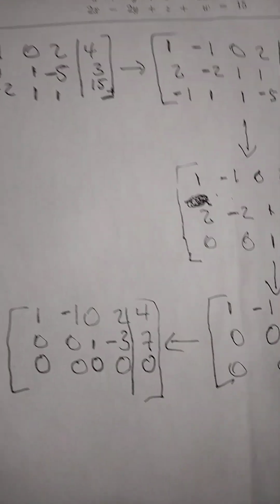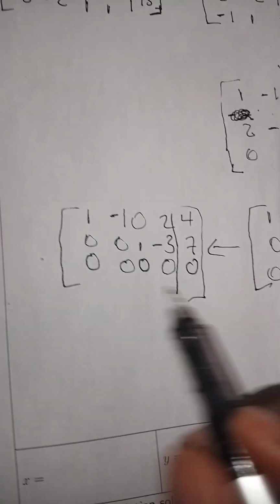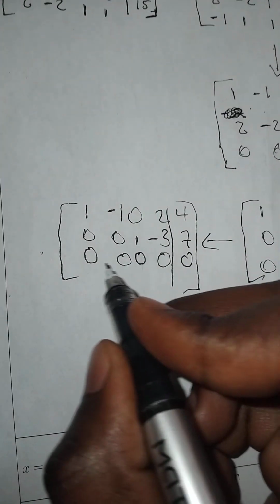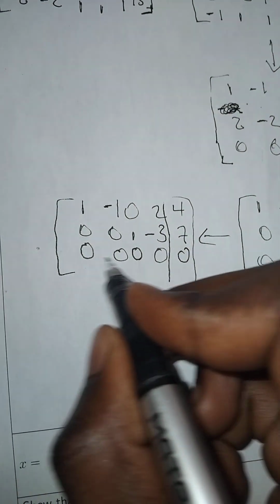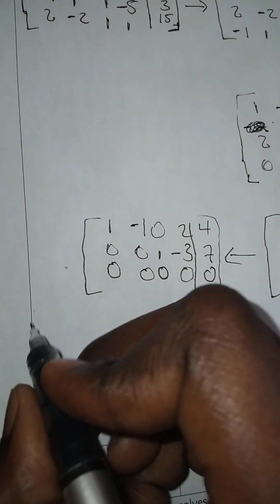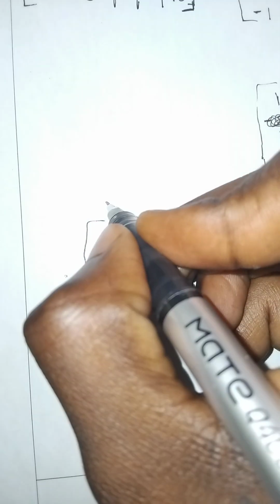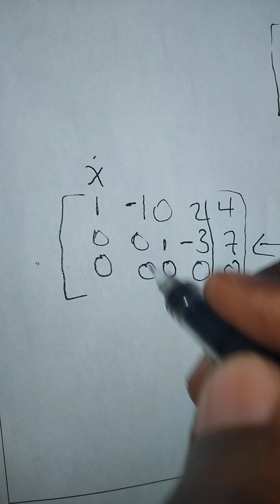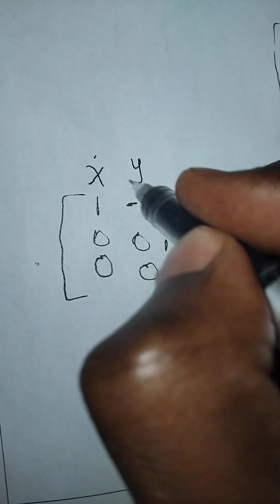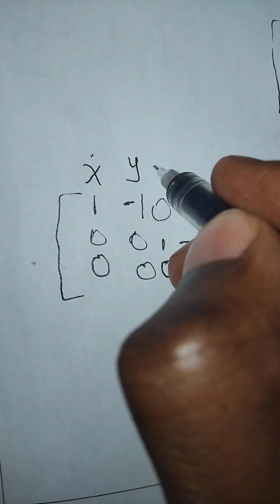Okay, so what we can do now is to have our equations. So on the last column, we see that we have all zeros. So we can say that implies, remember here we have x. This is a column for x. Then this one is for y. Then this one is for z.